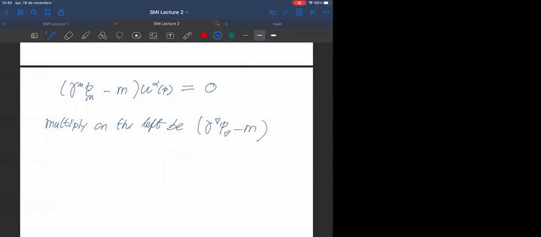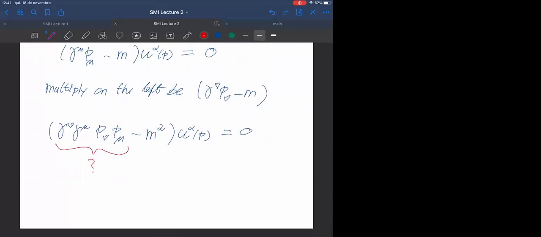Doing so, we get the following: gamma mu p mu minus m squared, u alpha of p, equal to 0. Now, what is this term here? What is this?